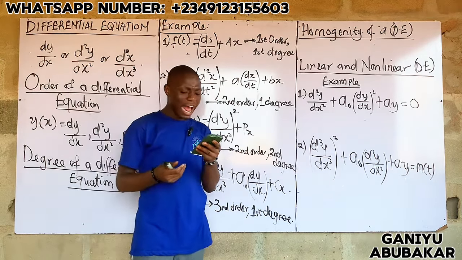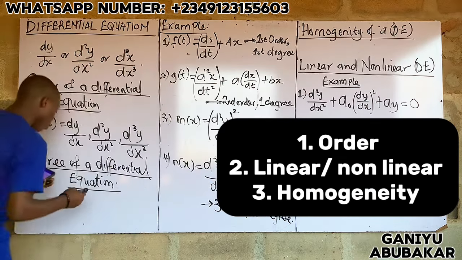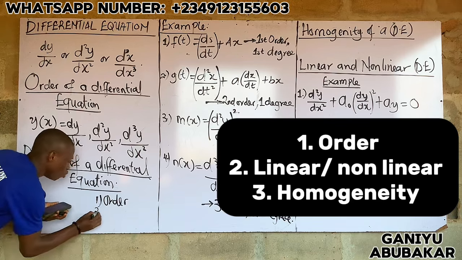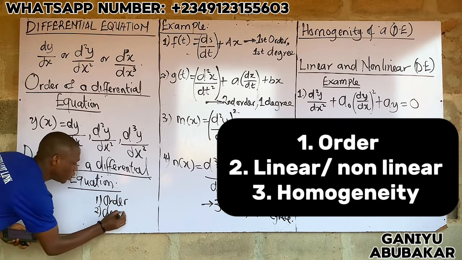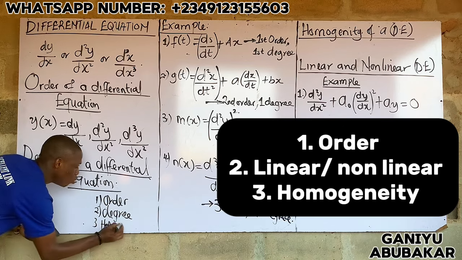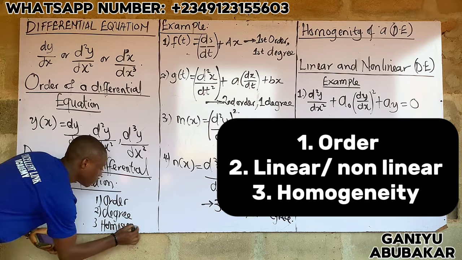It should be arranged in terms of number 1, order, number 2, degree, and number 3, homogeneity.